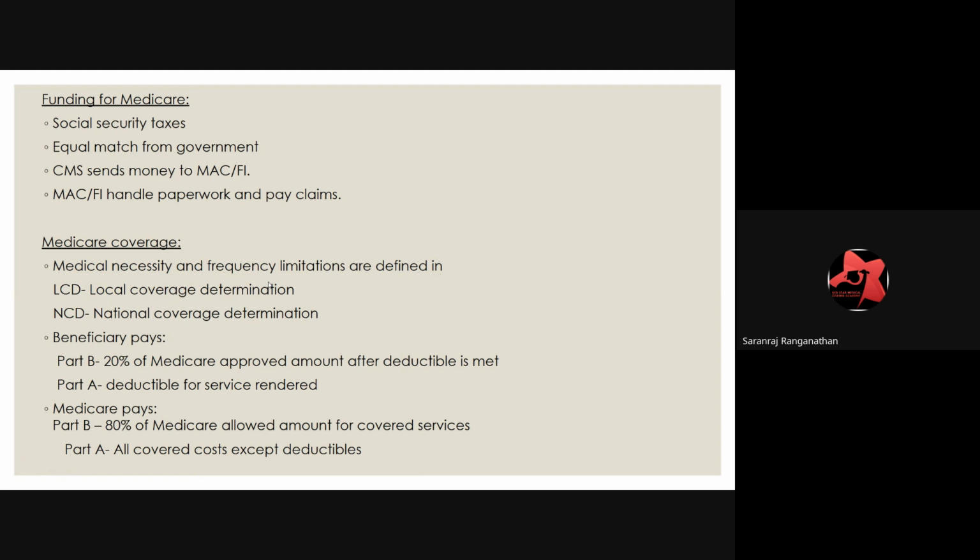If it is a different procedure done for a different purpose, we have to denote that using the modifier. For example, in coding we use the 59 modifier, right?